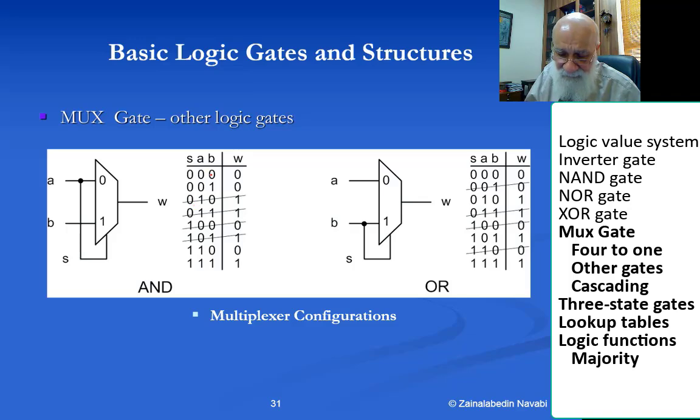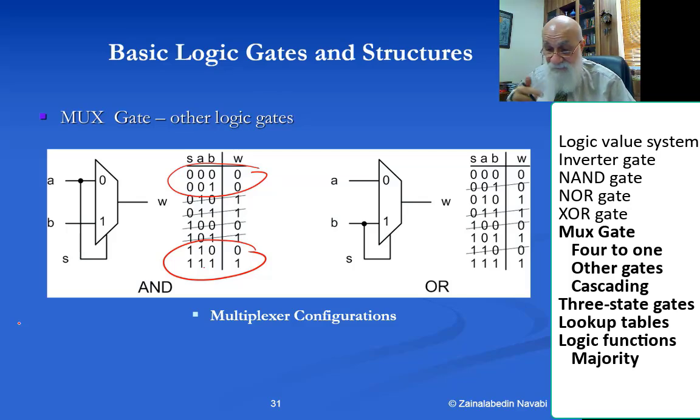Now look at what remains, and only look at A and B: 0,0 is 0; 0,1 is 0; 1,0 is 0; 1,1 is 1. This multiplexer turns into an AND gate.